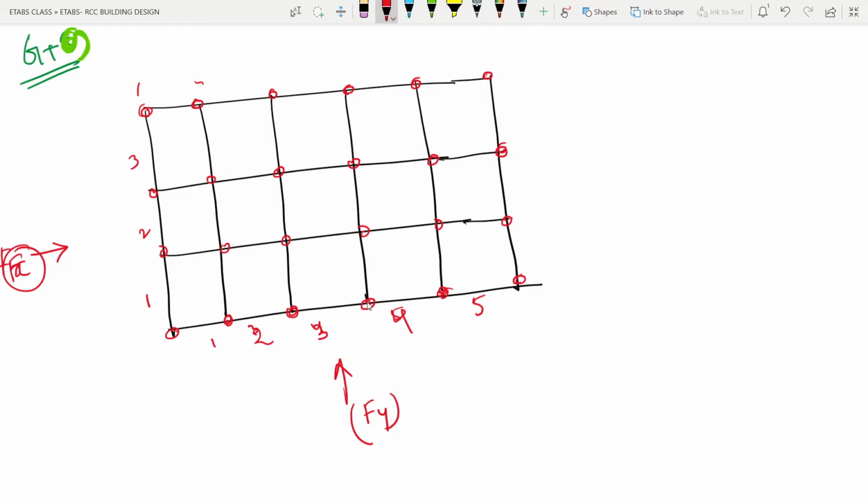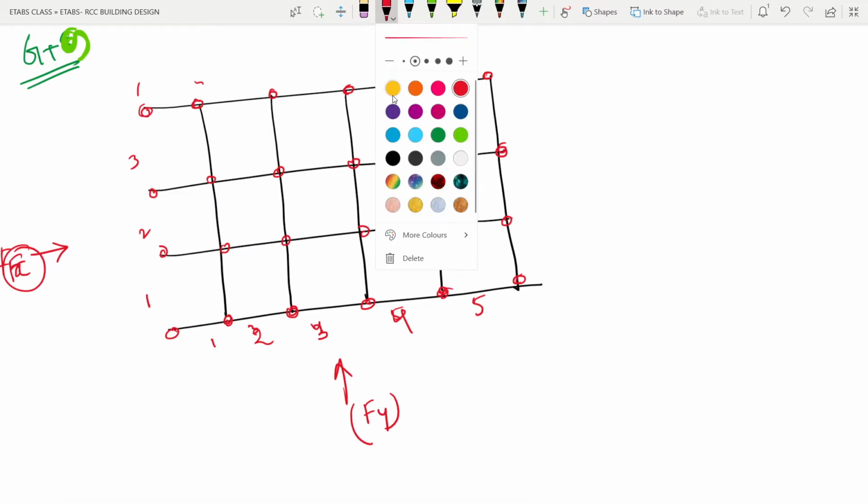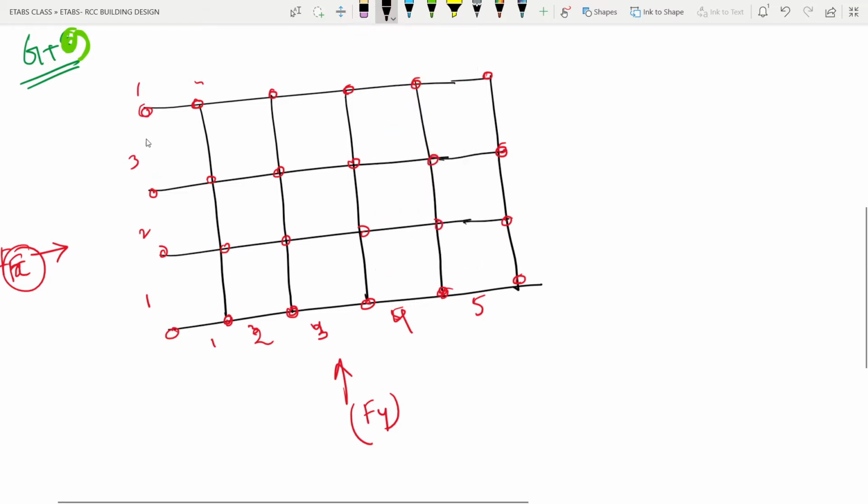So in that case, what we need to introduce is one more structural element that I discussed in our previous lesson, which is called the shear wall. Suppose, no, I will not draw here. Let me just remove this and draw properly.